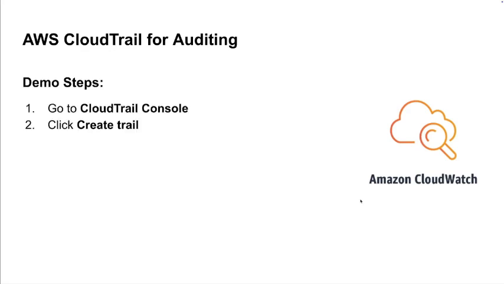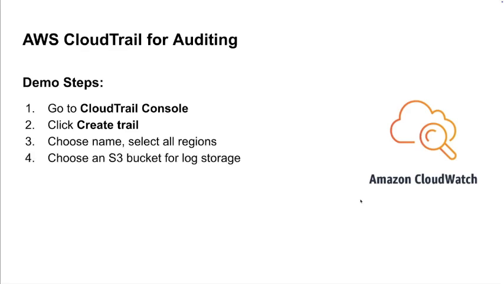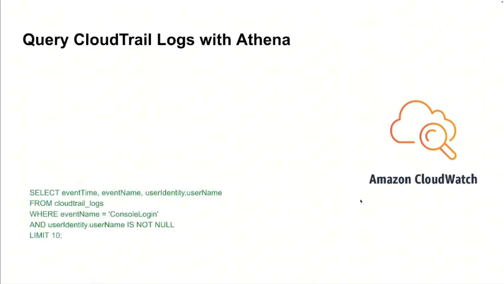So a demo is to just go to the CloudTrail console, create a trail, give it a name, select the regions you want to monitor, and choose an S3 bucket where you want these logs to be stored. So it's just you deliberately creating an activity log trail and specifying which of your S3 buckets this trail should be stored in. You can enable log file validation and insights.